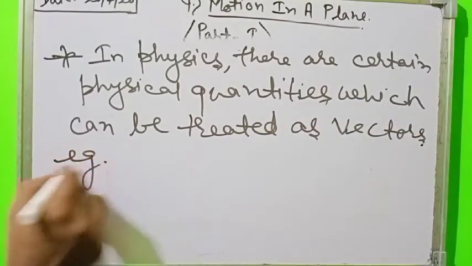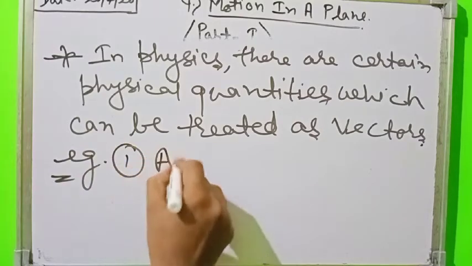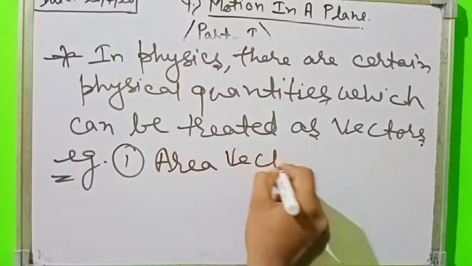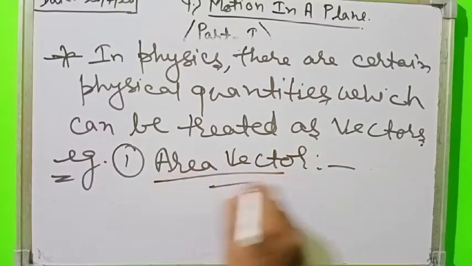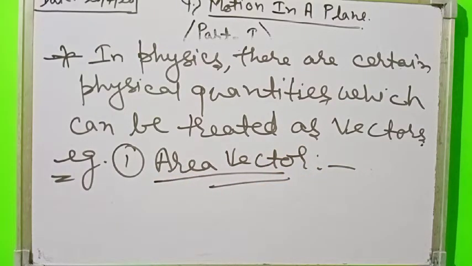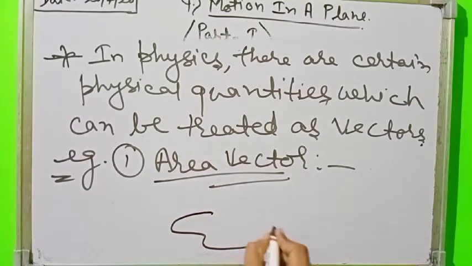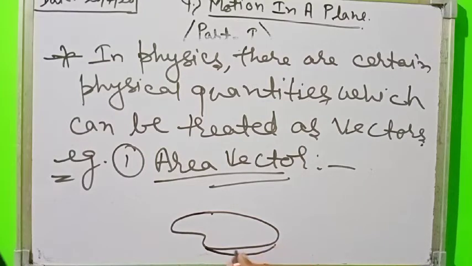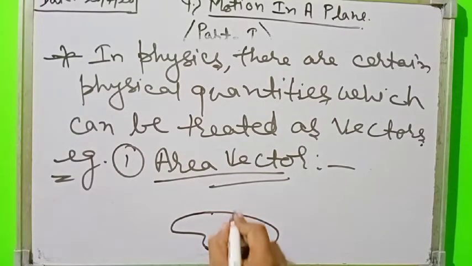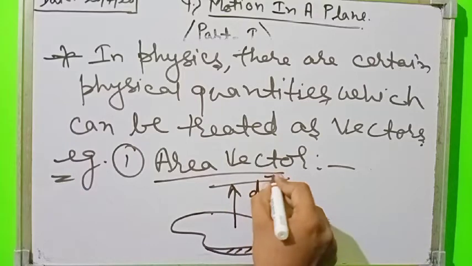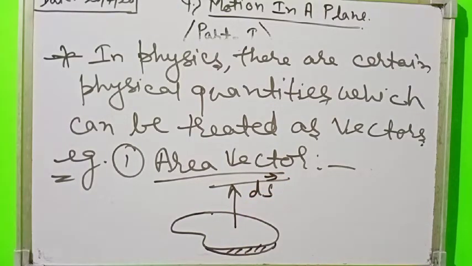For example, area vector. While studying physics in various derivations in class 12th, you will see that in various cases we take area as a vector. An area element is taken and considered, and the direction of this vector is normal to that element, so it is considered as an area vector.